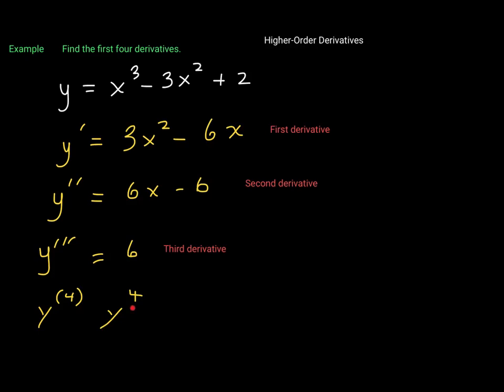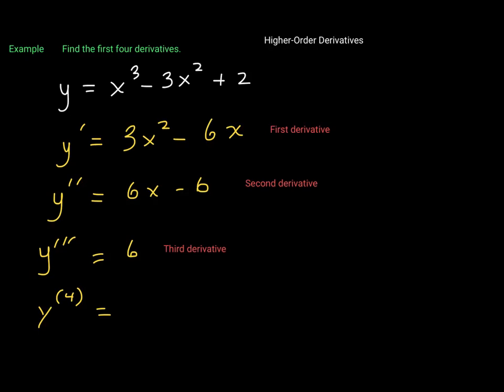Actually, that's exactly what that would mean, raising y to the fourth power. That's not what we're doing. We're finding the fourth derivative, so put the 4 in parentheses. That's how we denote that we're finding the fourth derivative of y. So omitting the parentheses is something really different, so be careful. You must use proper notation.